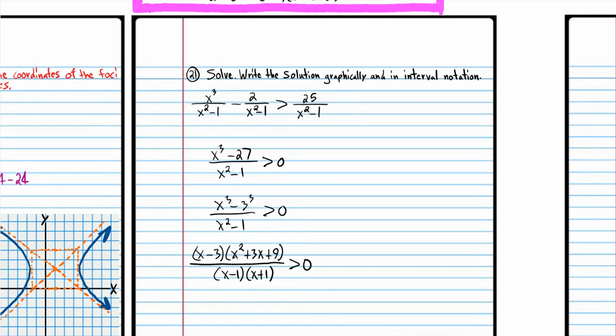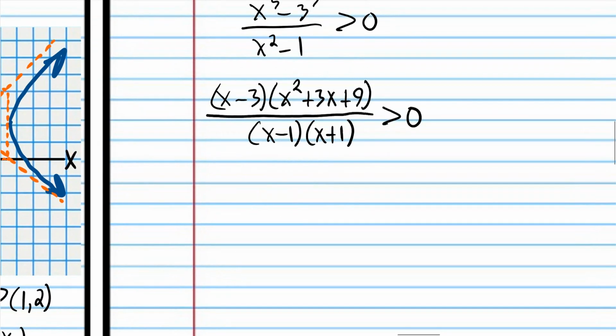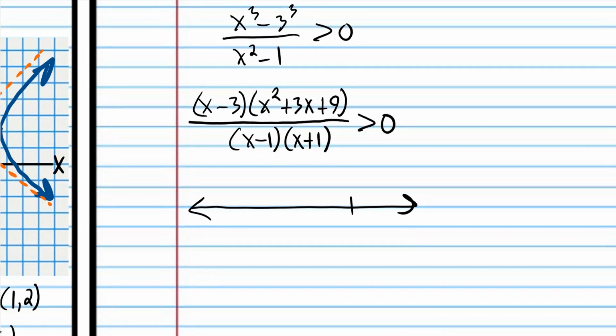Well, because we're trying to figure out the x values that make the expression greater than 0. So we're going to make a sign chart, and our special values are 3 and 1 and negative 1.